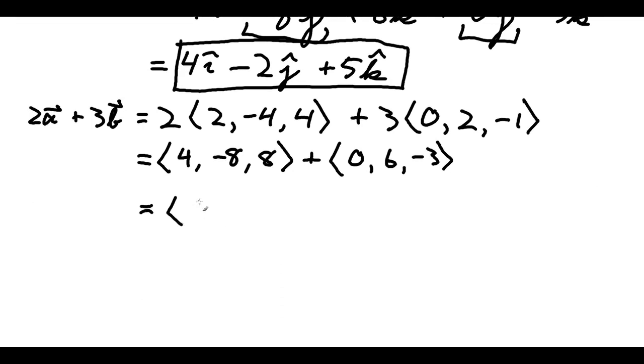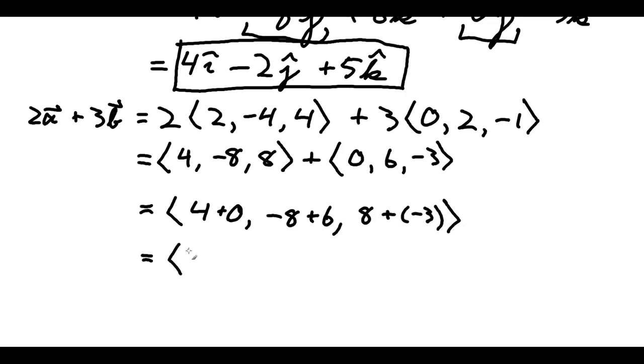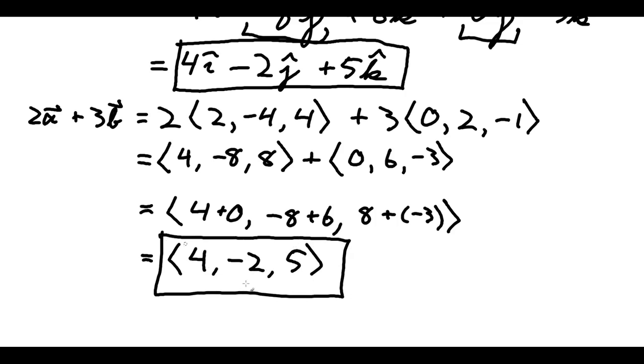To add these two, we can now just add the respective components. So it's 4 plus 0, -8 plus 6, 8 plus -3. And when we combine and simplify that, we have 4, -2, 5. Four, -2, 5 inside of angle brackets is another way of writing the vector 4i minus 2j plus 5k.